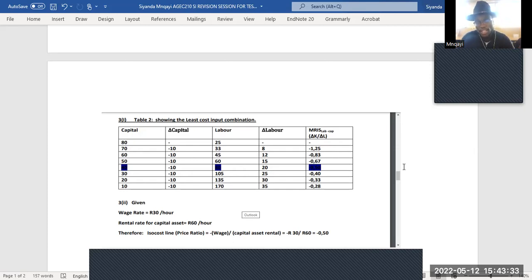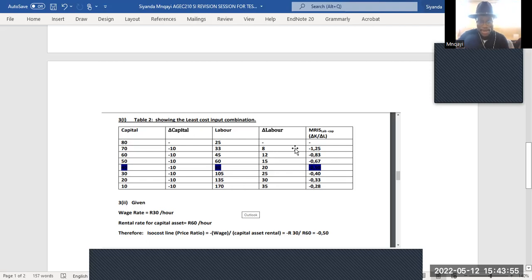You see that your marginal rate of input substitution is between labor and capital, the change in capital over the rate of change in labor.